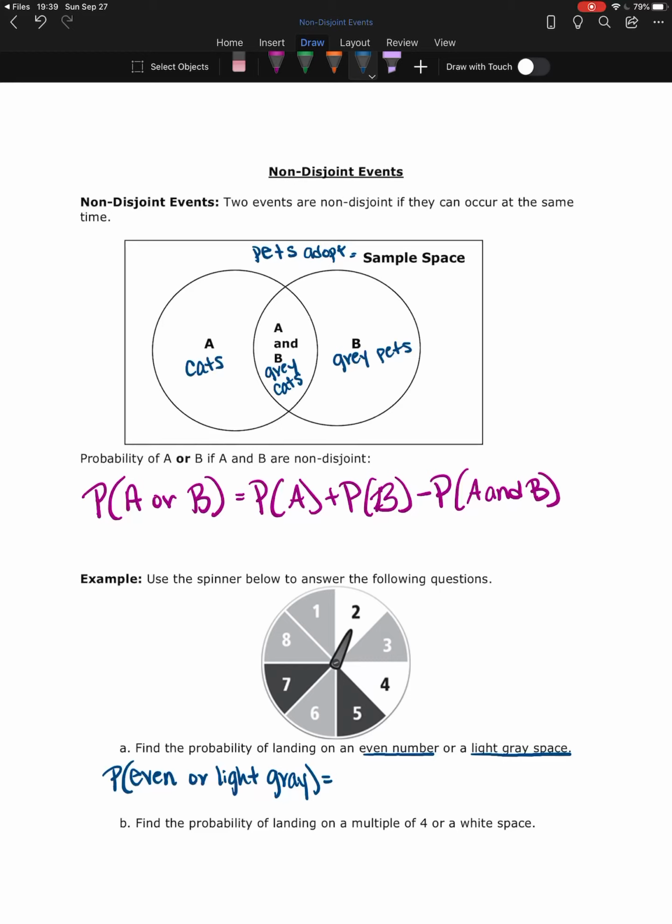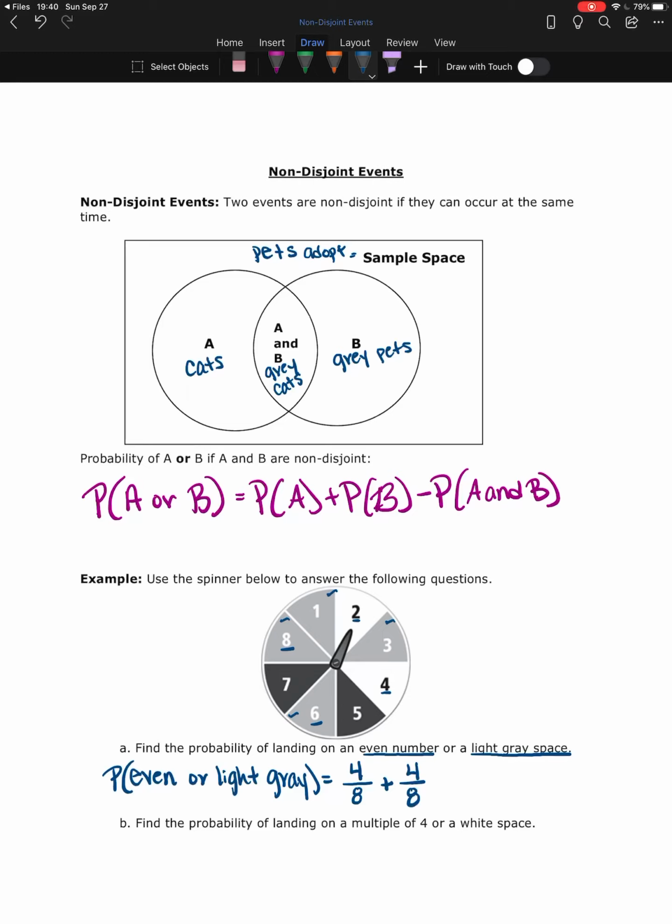If I look here at my spinner, I have 4 even numbers out of the 8 possible numbers. Plus, how many light gray spaces are there? 1, 2, 3, 4 light gray spaces out of 8 total spaces.